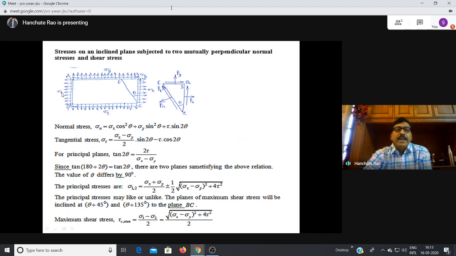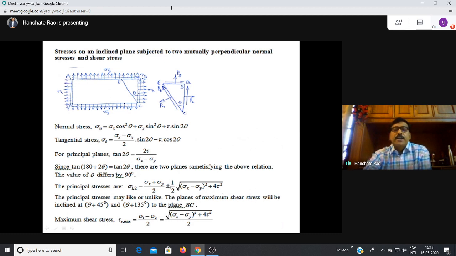So if a body is subjected to sigma x in the x direction, sigma y in the y direction, and shear stress tau on all the faces, then the principal stresses sigma 1 and sigma 2 are sigma x plus sigma y by 2 plus or minus half of under root of (sigma x minus sigma y) whole square plus 4 tau square.